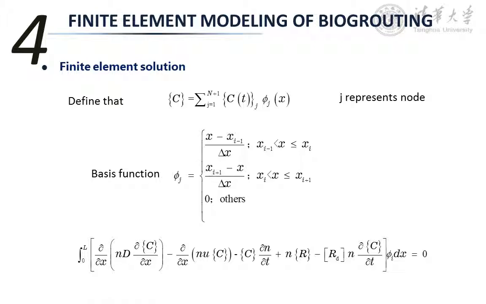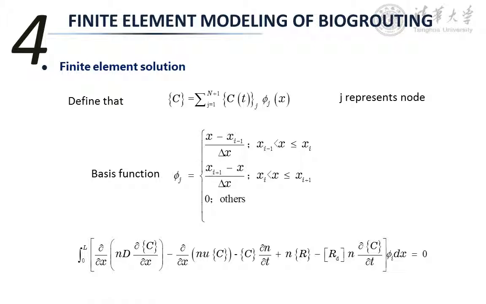And divide the length of the column into unequal units, and use the variational principle for the finite element analysis of the basic model. And define that the concentration of different ions equals the sum of the concentration unknowns and the basic formula.